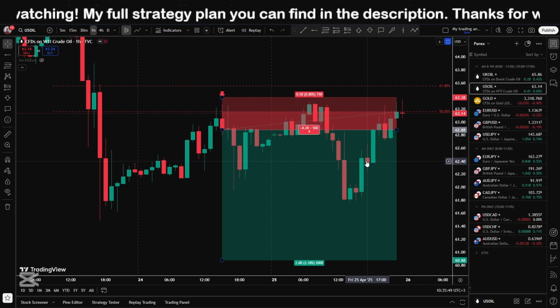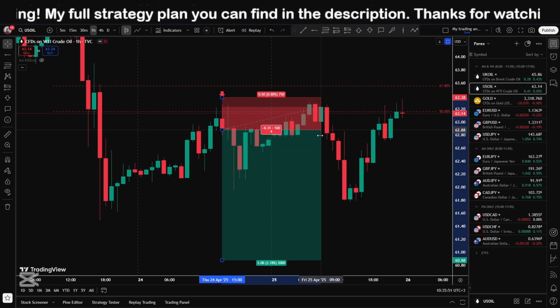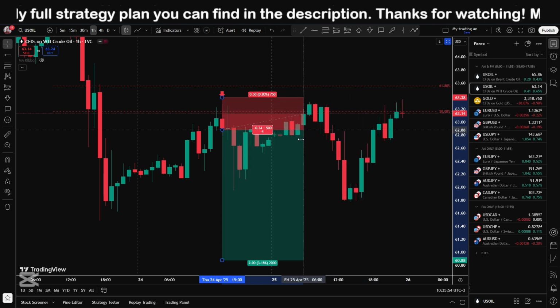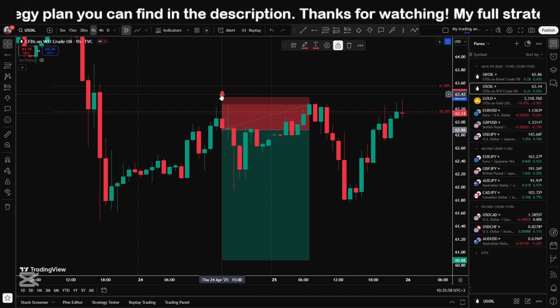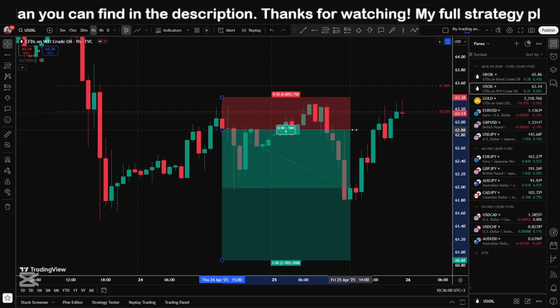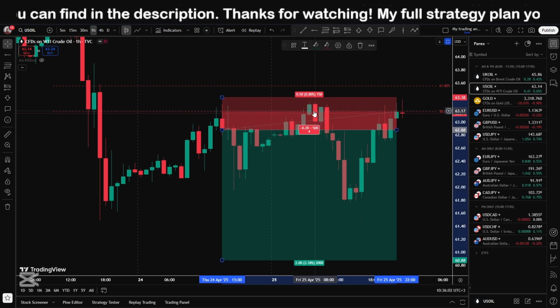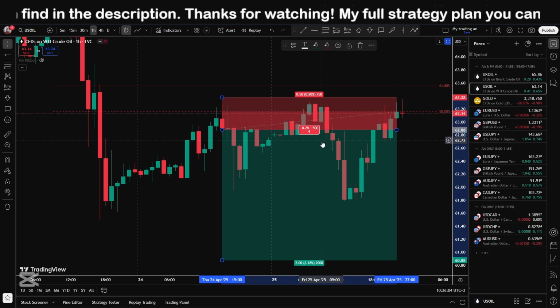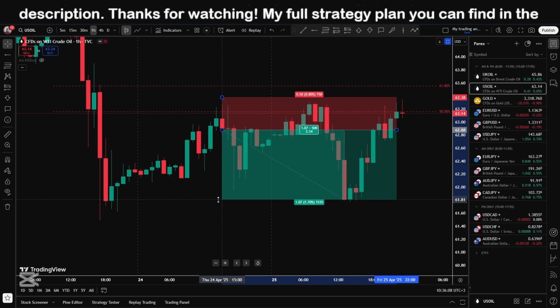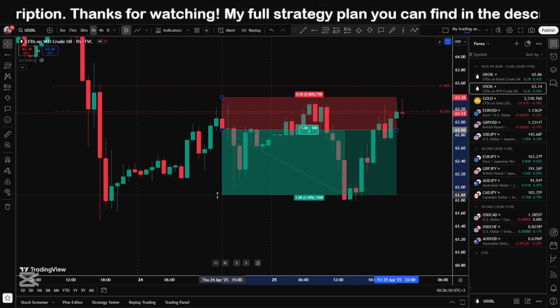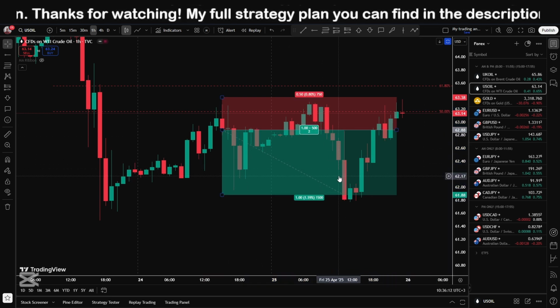But what happened here? Price was very close to my stop loss, as you can see. Then on Friday it goes in my direction, reaching 1R in profit.